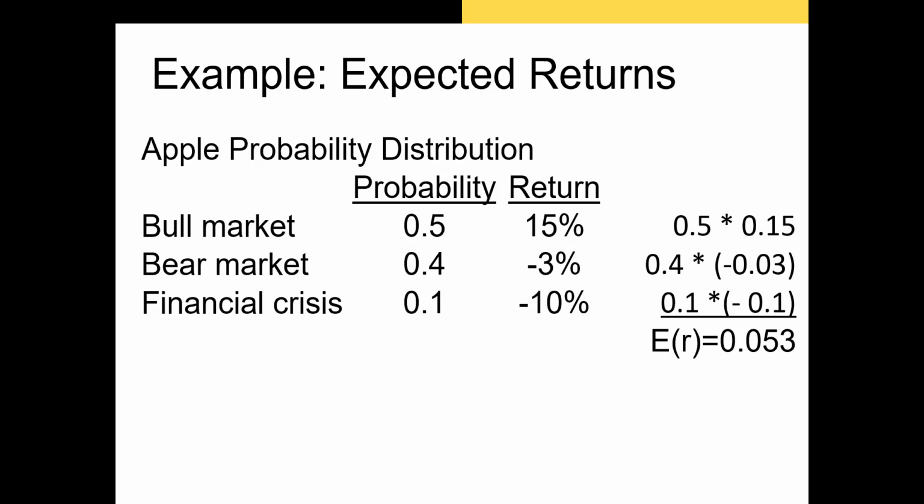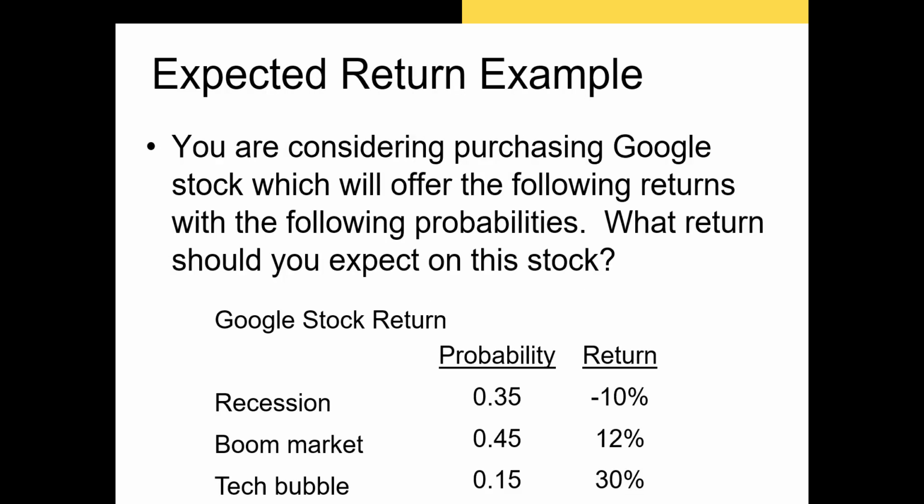Now let's take a look at another example. Let's walk through this additional example. To solve this example, I am going to go ahead and use Excel so we can actually see how to solve something like this much faster than we could by hand. So I'm going to switch over to Excel right now.